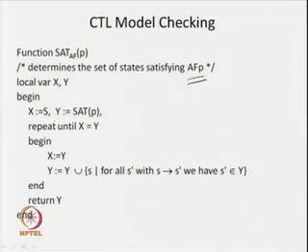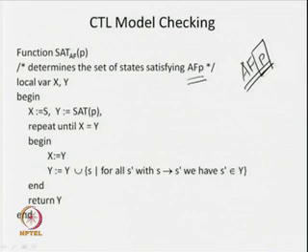And what is Y? Y is the result of calling the satisfiability function with the formula phi. Phi is any CTL formula and it is a subformula of the given formula. So we know the labels of this formula P. When we call this procedure with the subformula P, it returns those states where P is true.